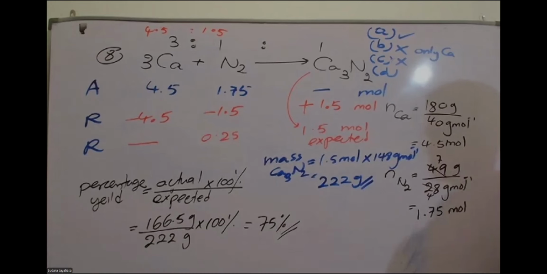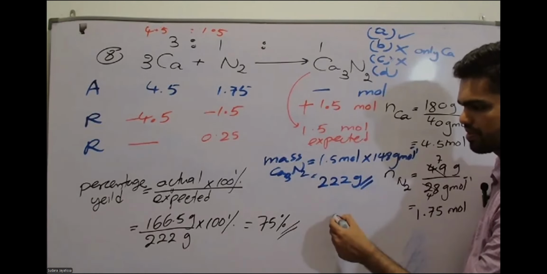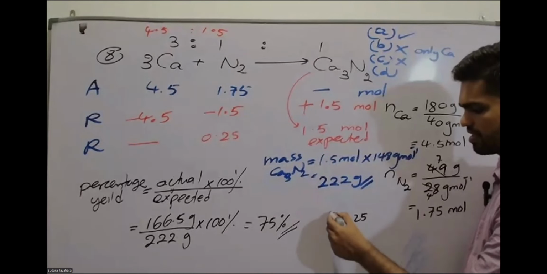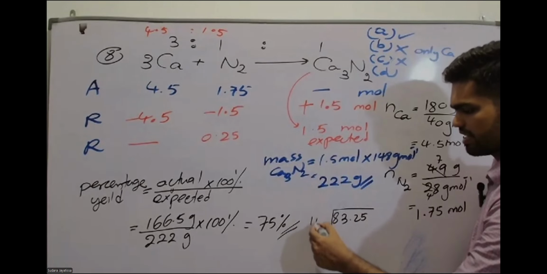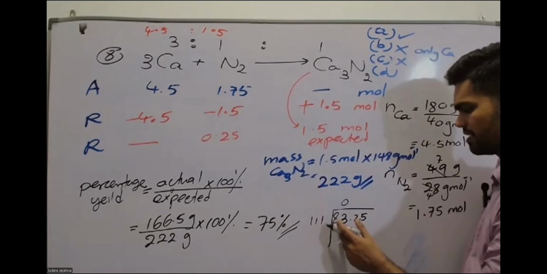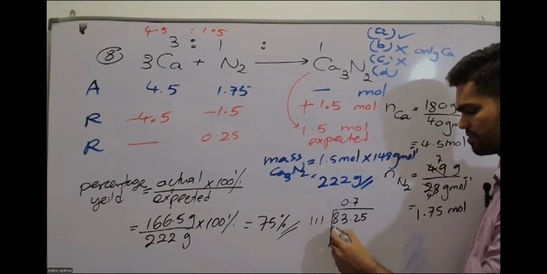Or you can just take the long division if you want. If we divide it by 2, 83.25 divided by 111. You will be having 777.